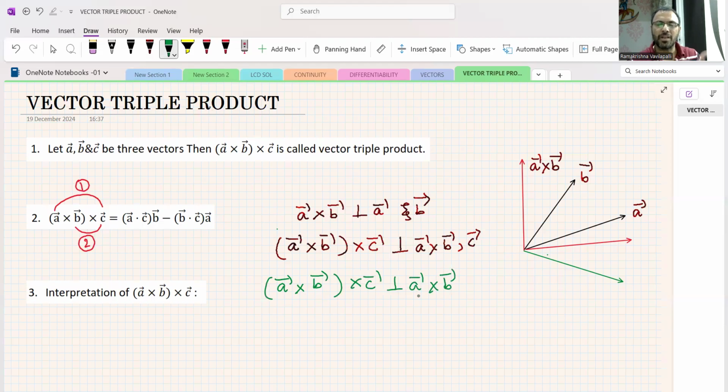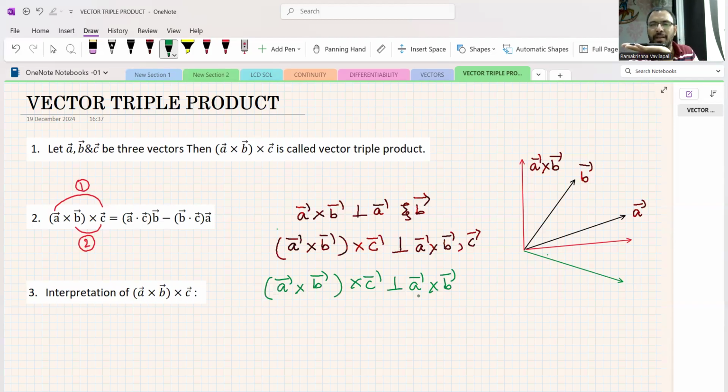Then where to draw that A cross B cross C? When this is a vector A bar cross B bar and this is the plane, then where to draw A cross B cross C? It must lie on the plane of A bar and B bar.